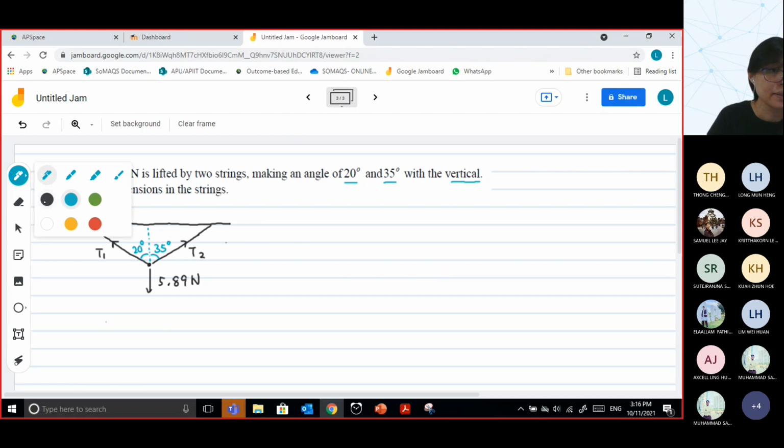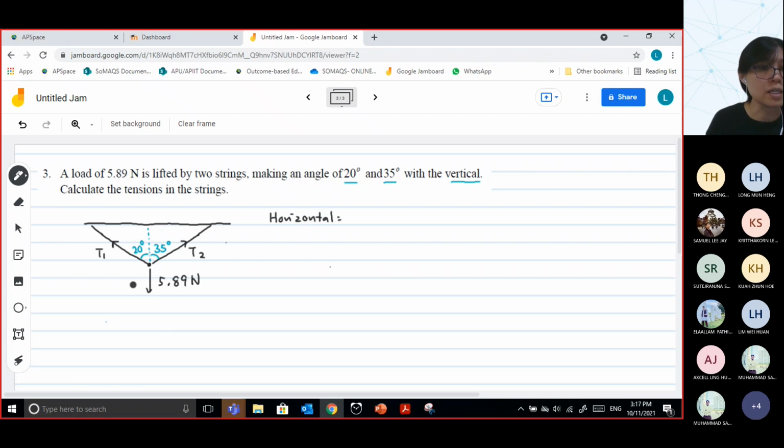Then, remember, if you want to find the tension, first we will look at the horizontal. However, I will suggest you to find the angle with horizontal.